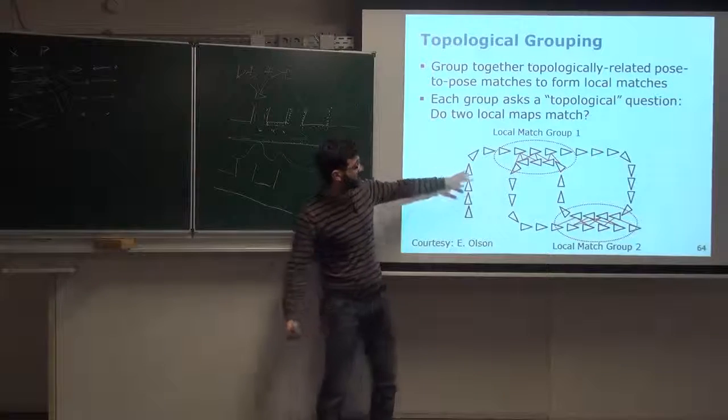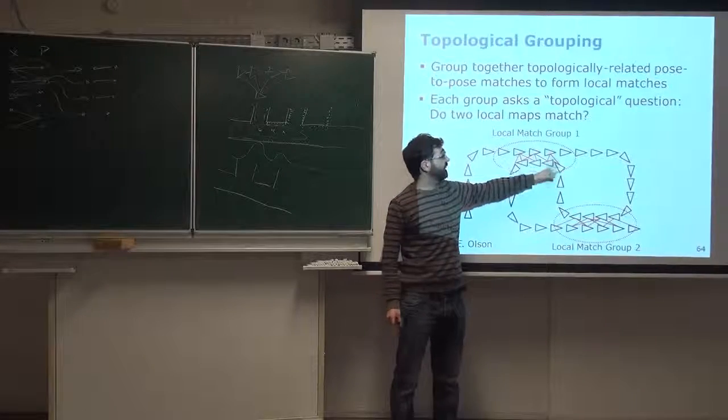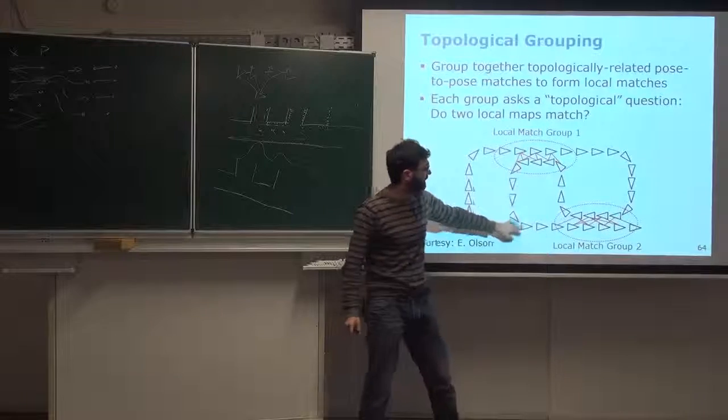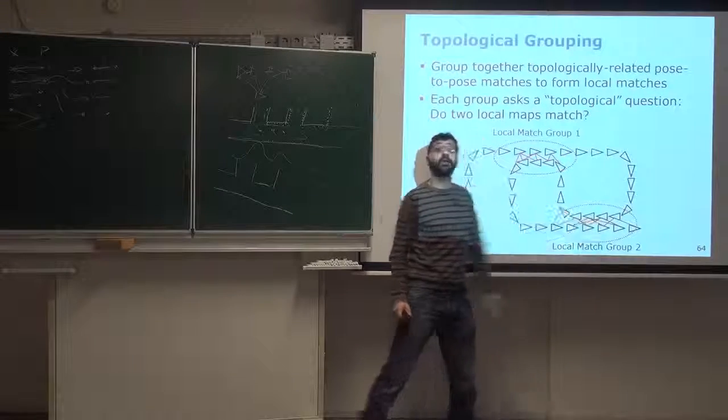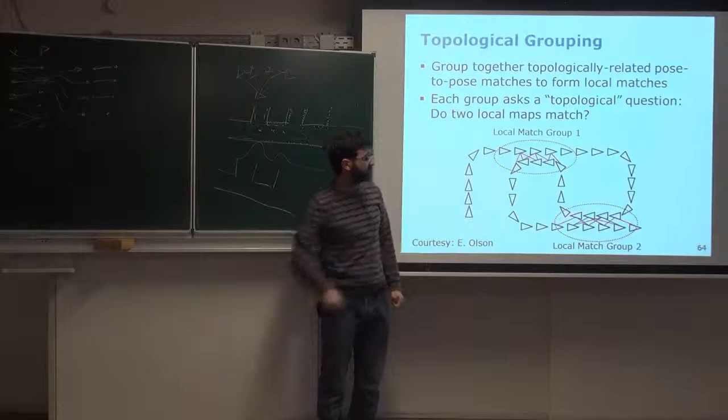So the topological grouping, as I said, is: the robot goes around and at some point comes here, and there's a lot of matchings with these poses here, then goes around again, and there's a lot of matches with these poses again. And this part here is a first group, this part here is a second group.